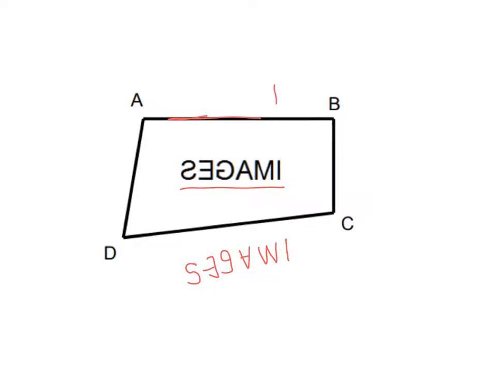You see, it is also the same, images. So let's take the symmetry of the picture to BC. It will be like this, and here it will be like this.